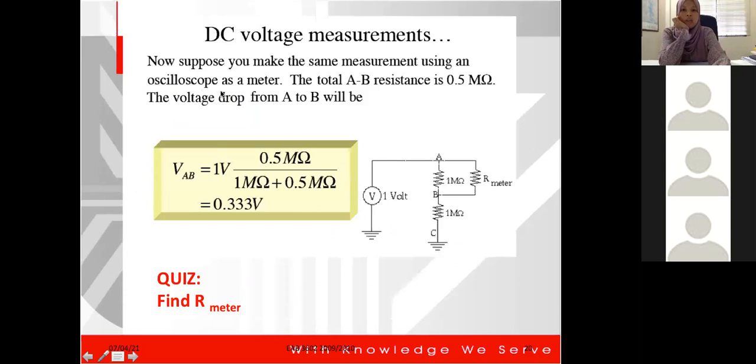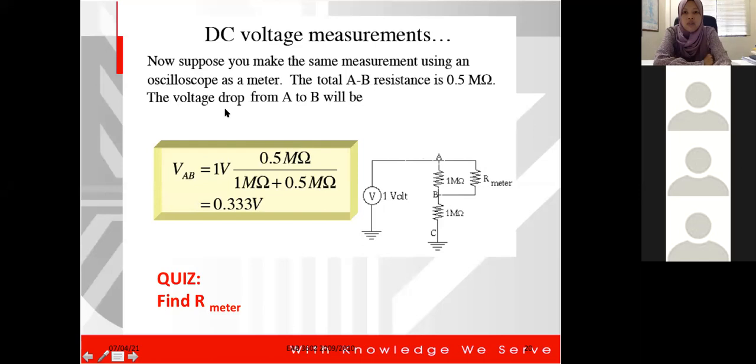The total resistance between point A and point B is 0.5 mega ohm, but the resistance between A and B is 1 mega ohm and you have another oscilloscope meter here. So the total R here is 0.5 mega ohm.